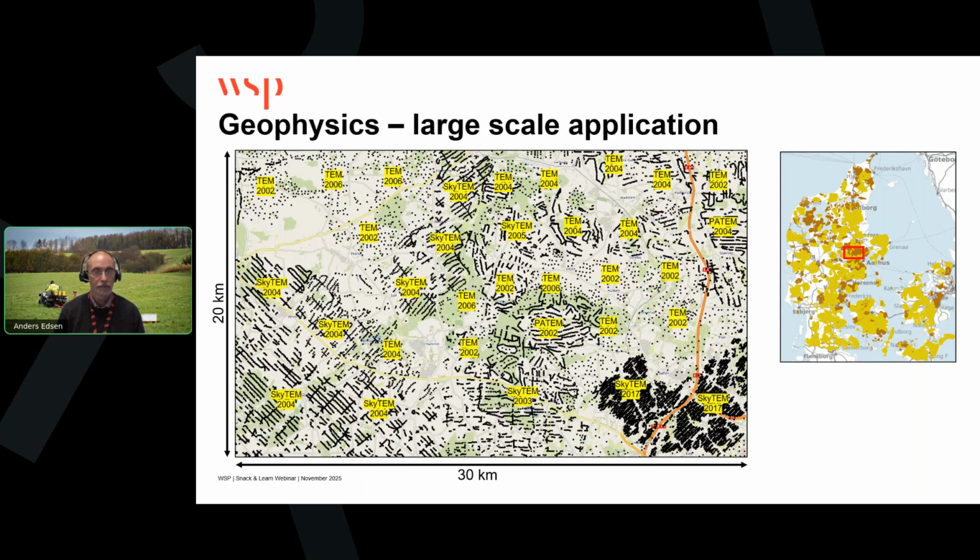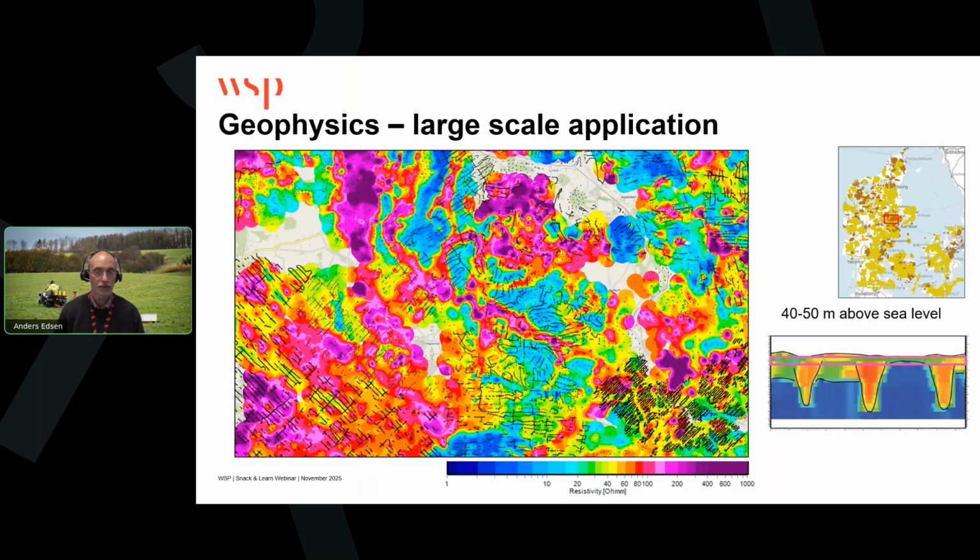To give you an impression of the results, I will take you through some depth slices. Here is one depth slice that is fairly close to the surface, showing the resistivity variation based on all these different geophysical surveys. You can see from this picture how the data coverage is.